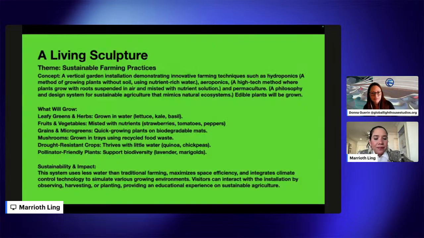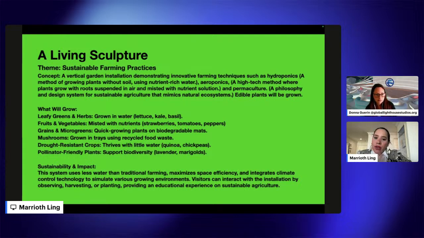Another idea is a living sculpture, which is the one that I like the most, but it is the most simple one, and I think that makes it better. The theme is sustainable farming practices.